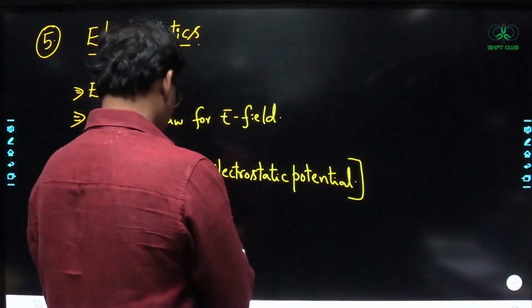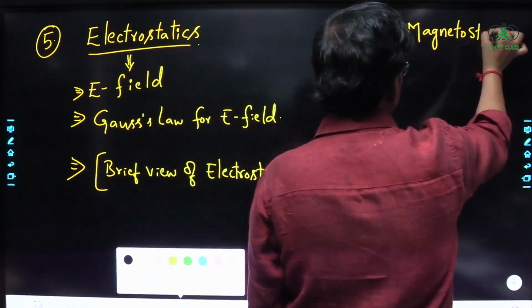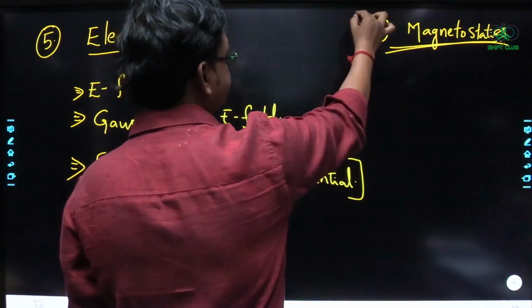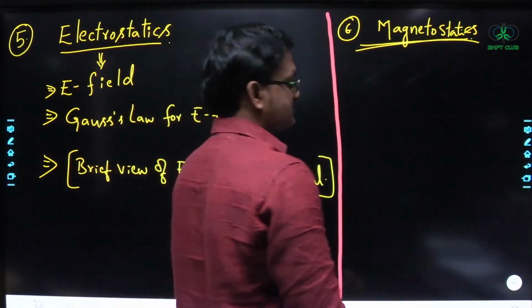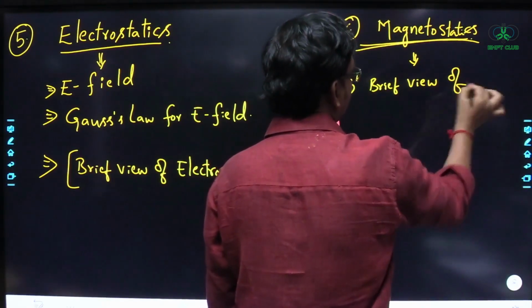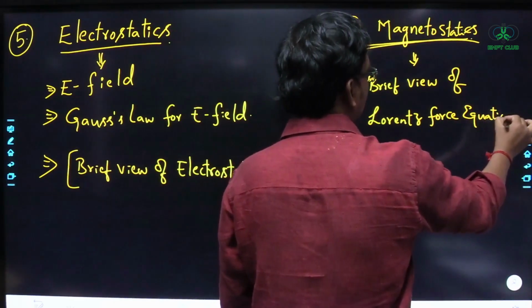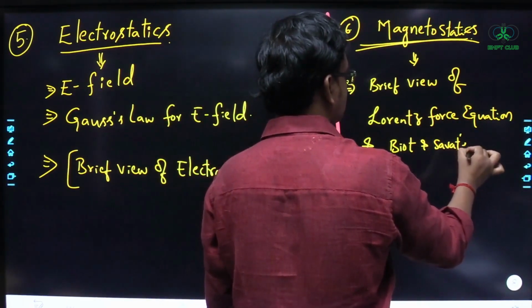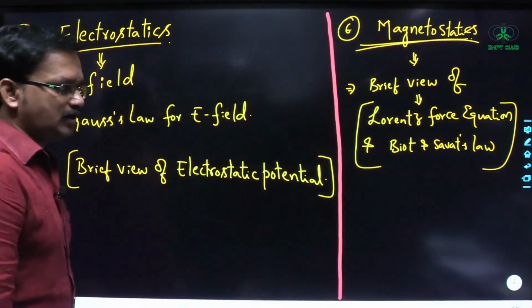Next is the 6th topic, magnetostatics. In magnetostatics, we will cover a brief view of the Lorentz force equation and Biot and Savart's law.